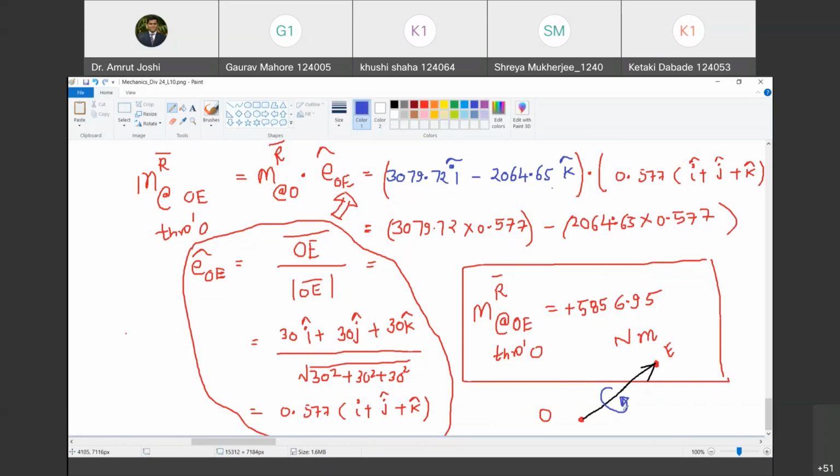Are you able to imagine that now? To be precise, let me show this line dotted so that you understand. Are you able to imagine this now? Yes, sir, I got it. Yes. So therefore, this is the direction of the moment. That's what this positive sign means.